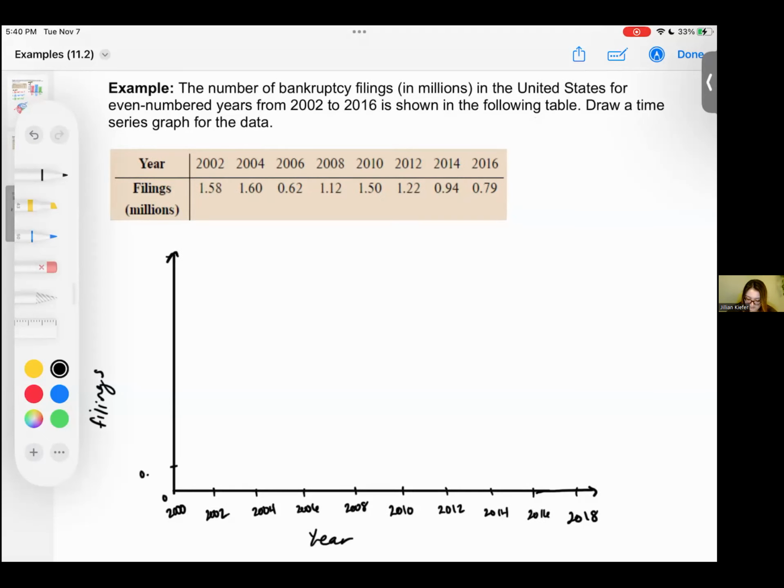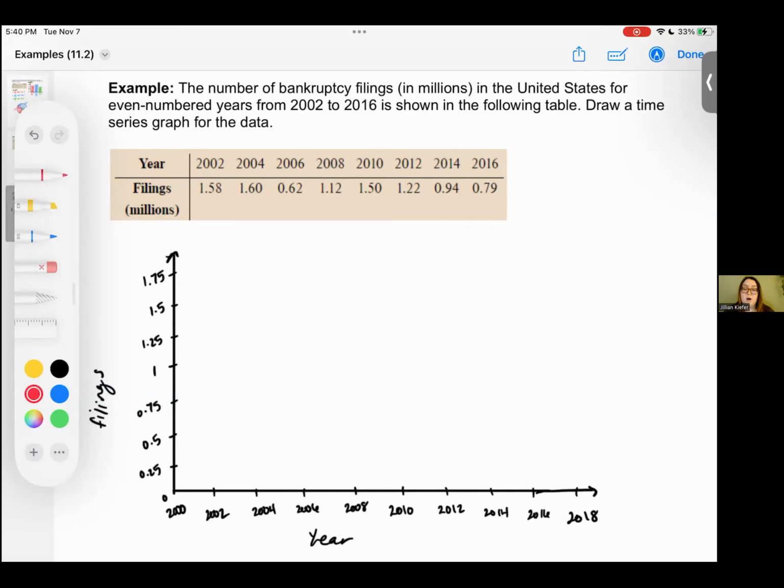And then we're going to go by the 0.25s: 0.5, 0.75, and here we have 1, 1.25, 1.5, 1.75. All right, so we've essentially fit everything on here.